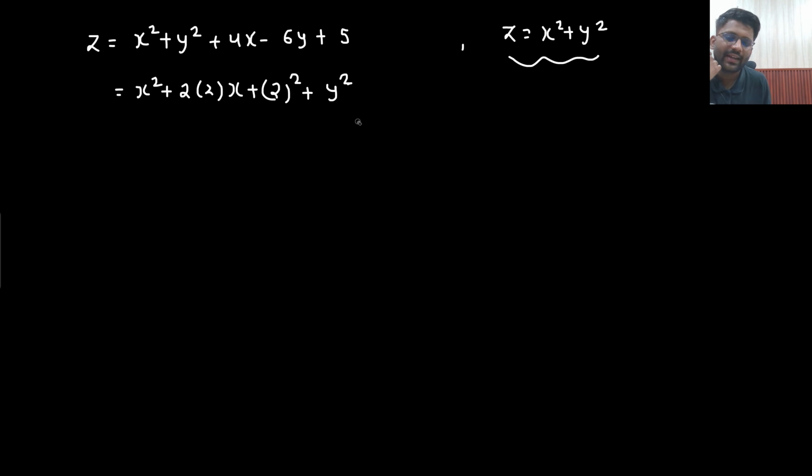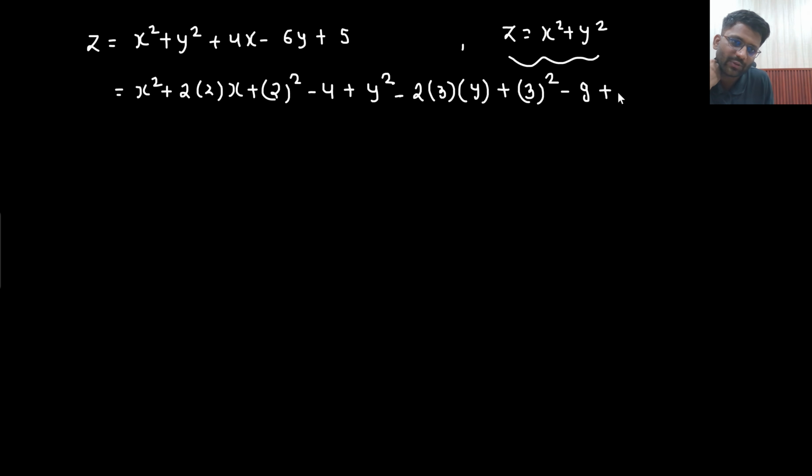Since I have added 4, I will have to subtract 4 as well. Plus y square minus 2 into a into b. 3 square I am adding. So if I have added 9, I will have to subtract it as well. X plus 2 whole square plus y minus 3 whole square.